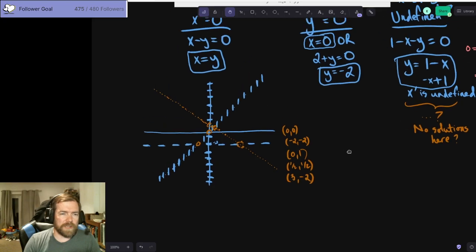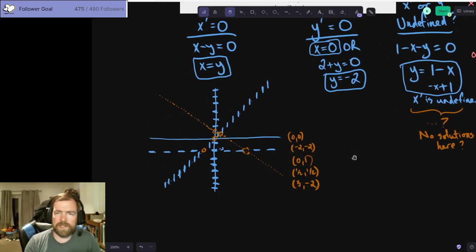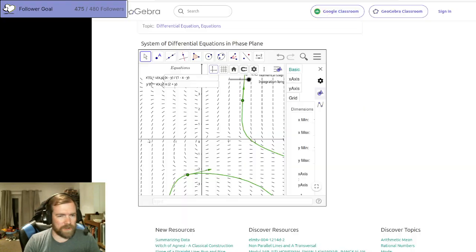At this point, you could go through and do manual analysis, but we have tools for that. So I'm going to pop over to GeoGebra here. This is the phase plane for this particular differential system.